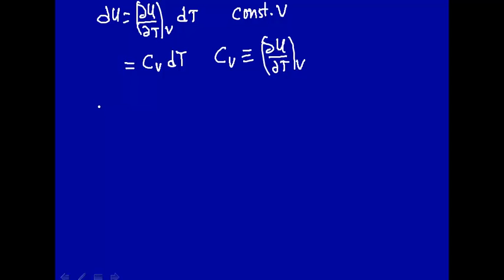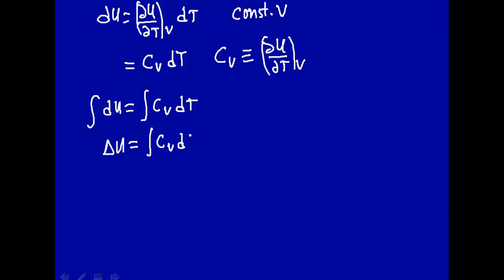Let's integrate this. So we have the integral of dU is just the integral of CV dT. Since U is a state function, this will be just delta U. This will be the integral of CV dT. And let's make the assumption that we have a constant heat capacity, so CV times the integral of dT.